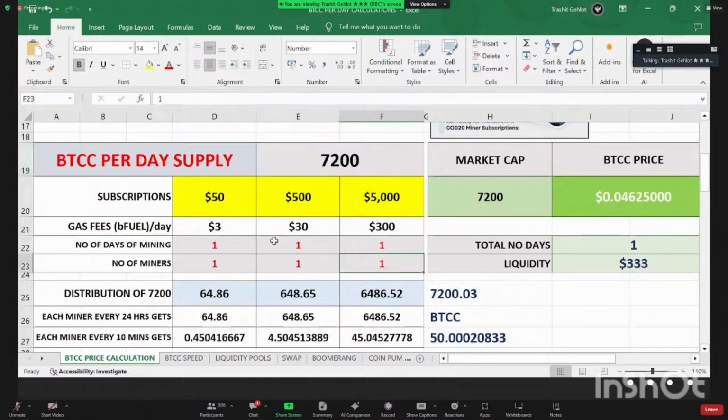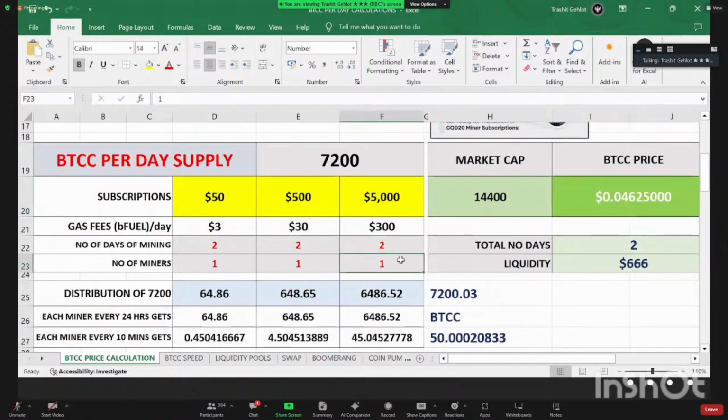Assuming there is a second day, even on the second day, if the number of miners does not increase, everybody gets the same value and everybody pays the same fees. So the price of BDCC doesn't change.